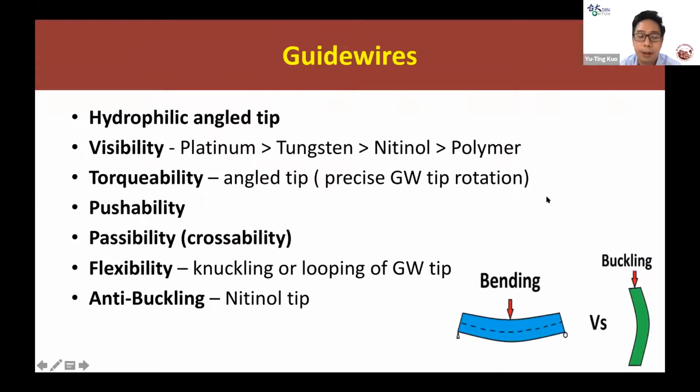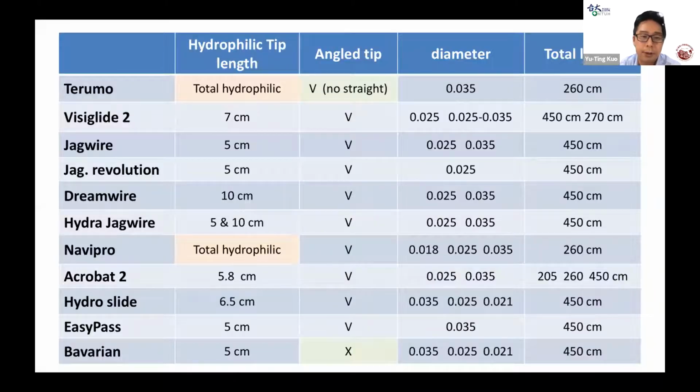I will show some videos. Guide wires have several different characteristics, usually torquability and pushability, the angle tip, and the hydrophilic part is very important, and especially the buckling and bending characteristics are also very important for your selective cannulation.